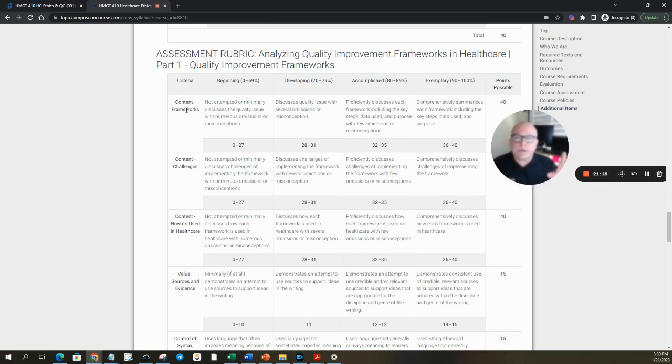And then challenges. So your next level 1 header is going to say challenges, and then you're going to write about it. Then your third and final level 1 header is going to say how it's used in healthcare, and then you write about it. When you get through with that, that'll lead right into your conclusion.